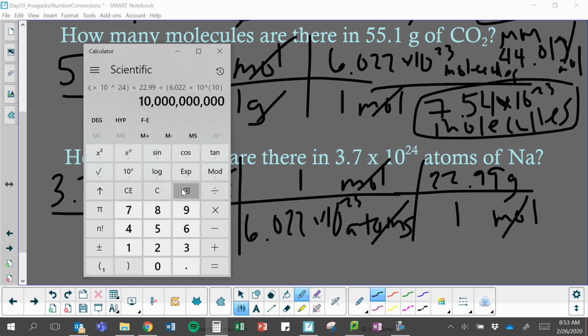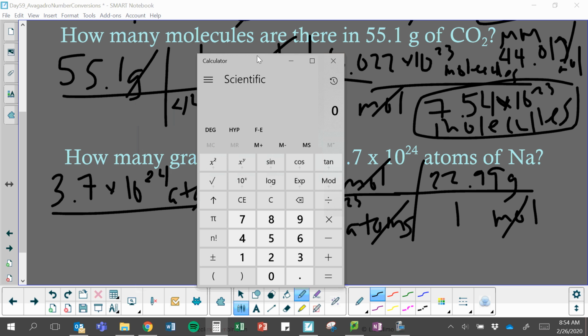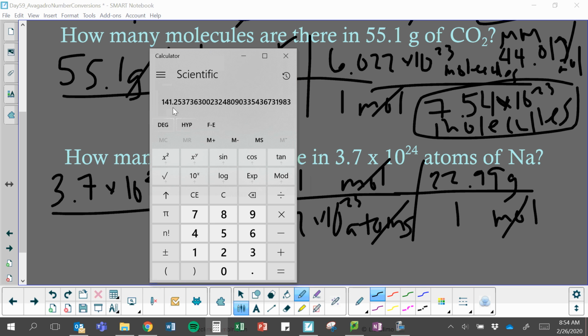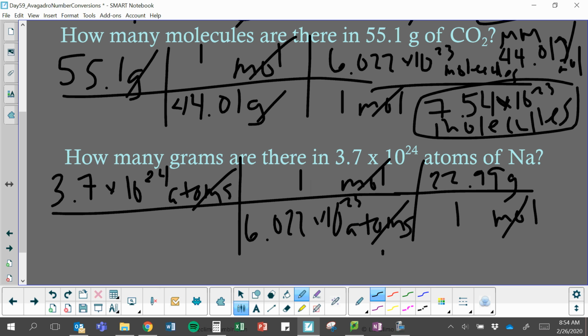Oops, let me try that again. Okay, and we're only going to use 2 sig figs, so we will round this to 140 grams.